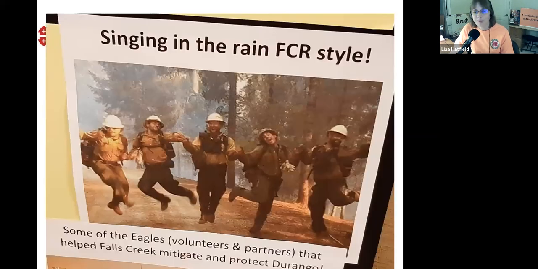These are firefighters in Falls Creek Ranch near Durango who are celebrating the good fire mitigation that the residents did there that allowed them to use that whole neighborhood as a staging area. Before that, the fire department had literally said that they'd never go in that neighborhood.